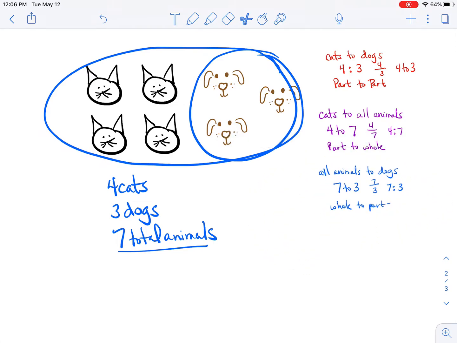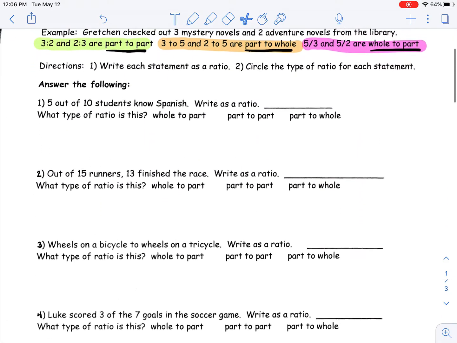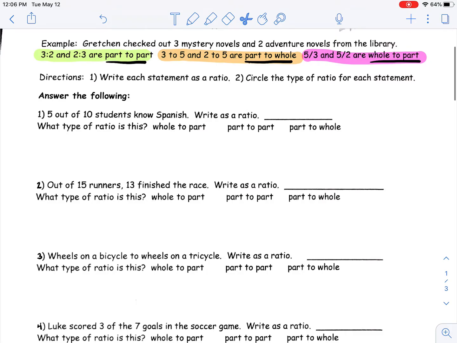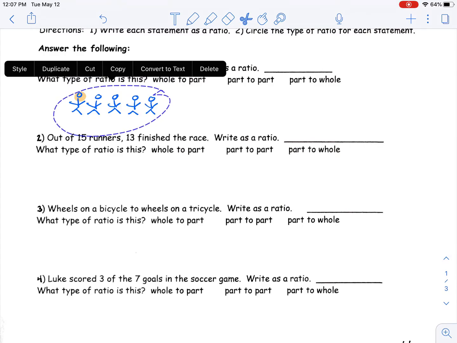So your work for yesterday was taking a look at some examples and deciding if they were part to whole, or whole to part. So the first example, 5 out of 10 students know Spanish. So if we think of this as a picture, I have 10 total students, because 5 out of 10. There's 5 of them.